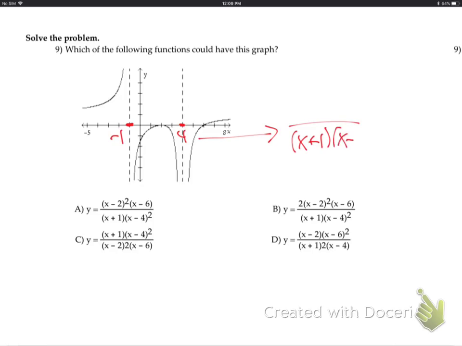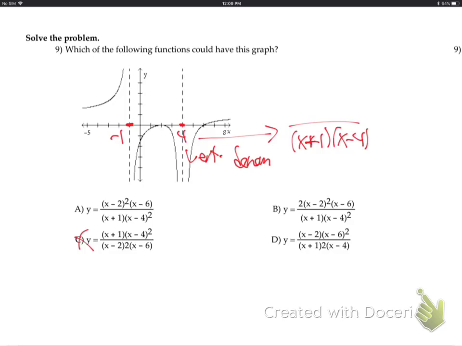So x plus 1 and x minus 4 must be, because verticals are in the denominator, aren't they? And they make the thing 0 in the denominator. So if you put in negative 1, that part would be 0. Positive 4, that part would be 0. Correct. It's got to have an x plus 1 and an x minus 4 in the denominator. C is out. The other ones have that. So far, so good? The vertical asymptote observation only eliminated C.